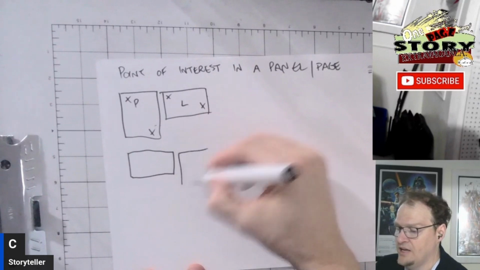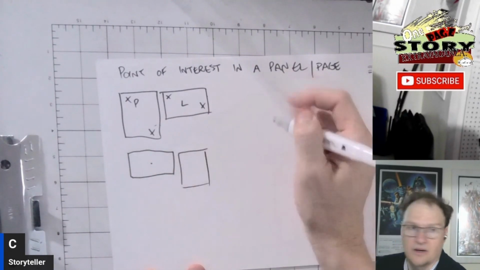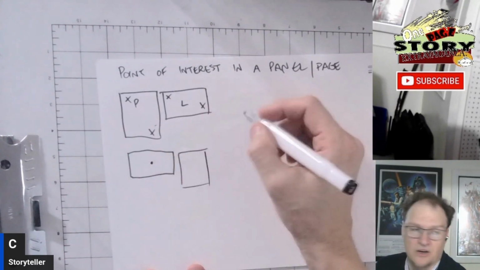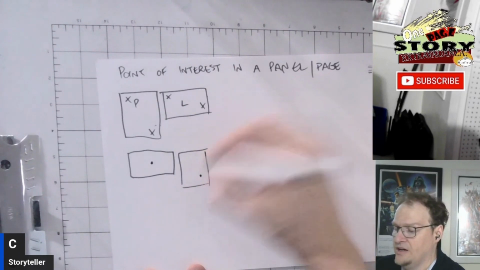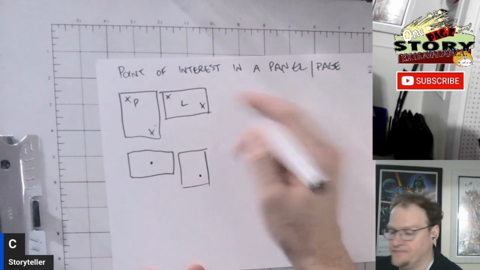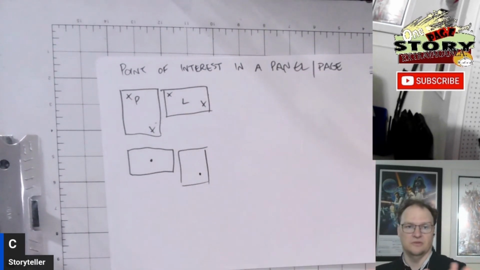Now, if I look at it in either format, wherever I put the dot in this panel or in this page, wherever that dot goes is where your eye is going to go. If that dot is here, your eye is going to draw immediately to here. So that's fine. That's a simple principle.